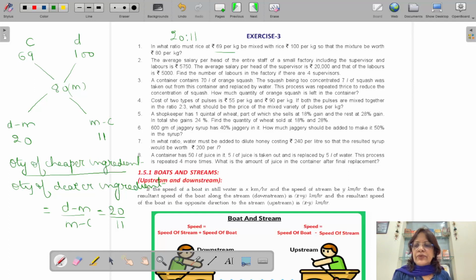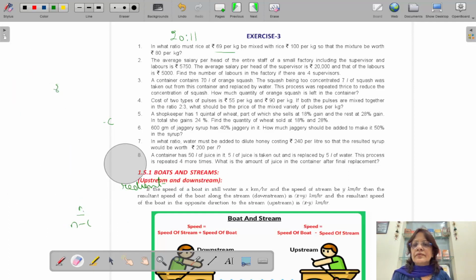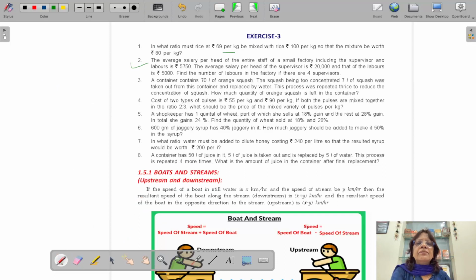Now moving on to the next question. The second question says, the average salary per head of the entire staff of a small factory, including the supervisor and the laborer, is 5750.